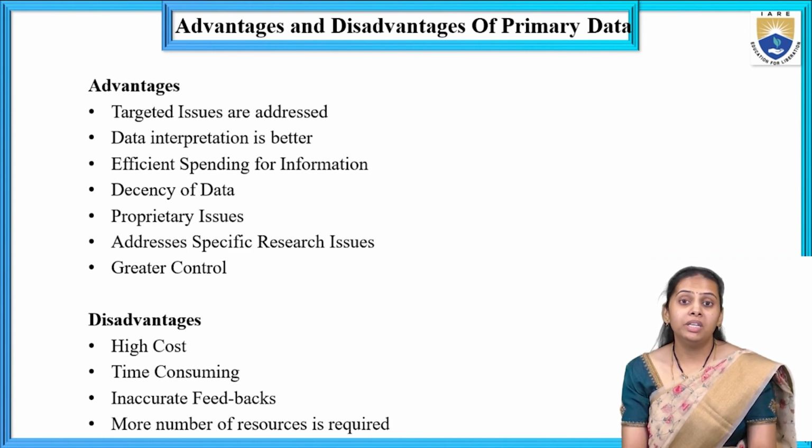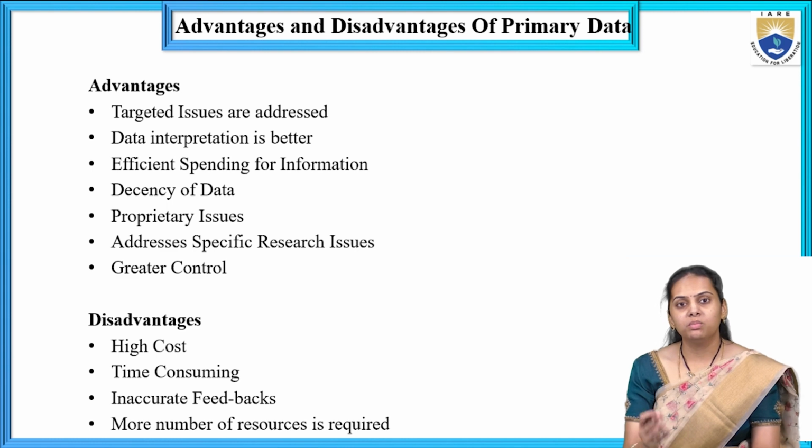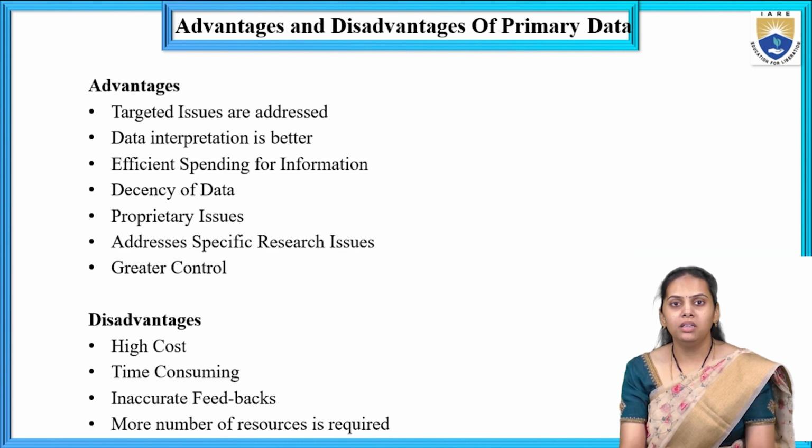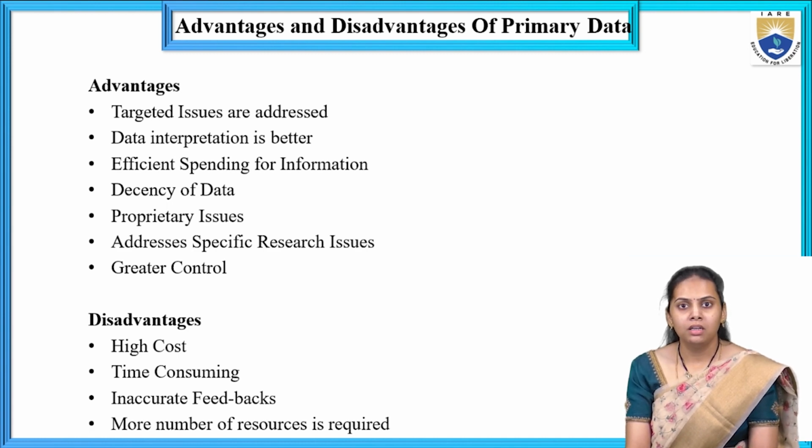What are the limitations or disadvantages? It is sometimes a little high cost, because the methods followed to collect this primary data can become uneconomical. Sometimes even the time consumed is very large, based on the selection of the problem.